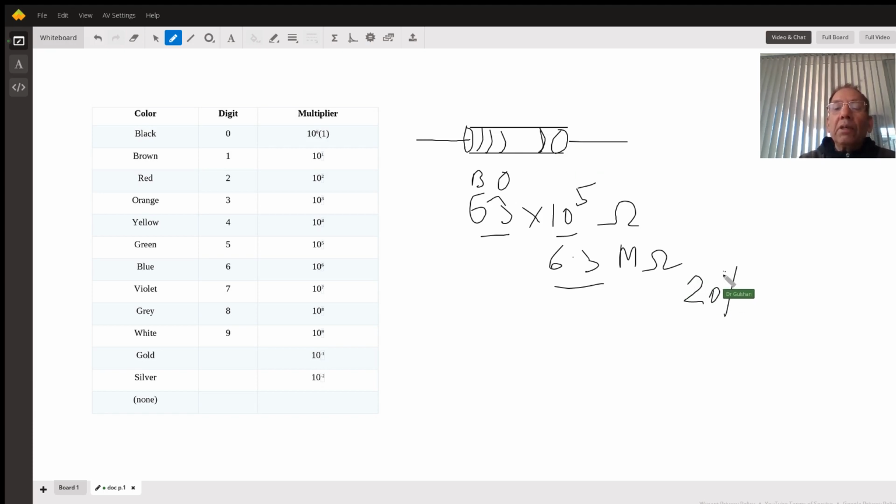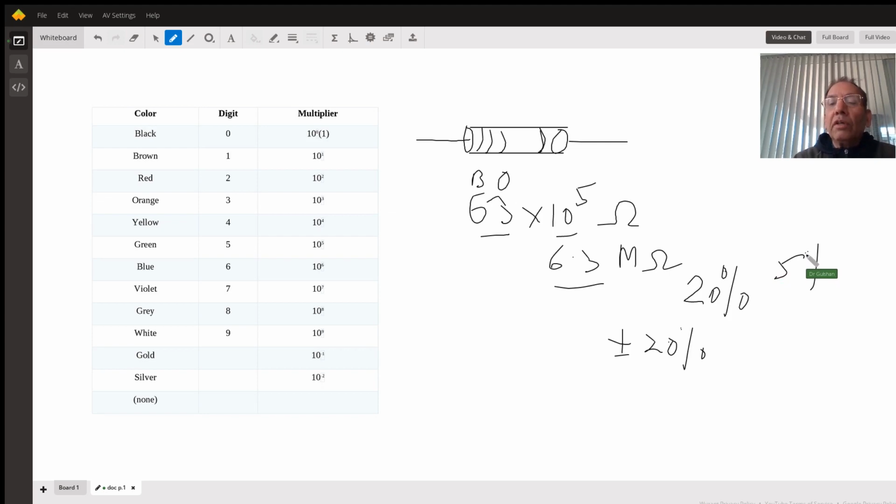When we say 20% tolerance, it's not that it's a better resistance. This resistance can have a value which is plus or minus 20% of the value you found by the color coding. And if it is a gold line here, that means it has a tolerance of 5%.